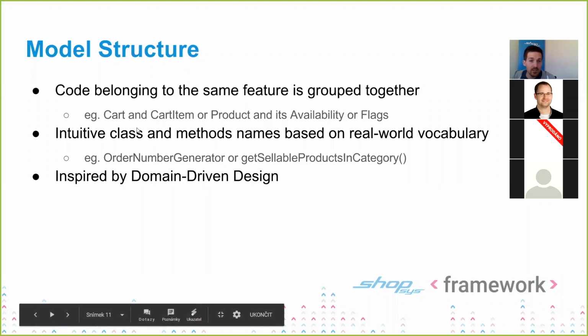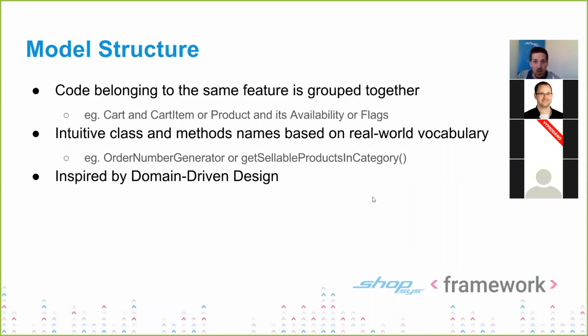What else you can notice is that we try to keep the classes and also the methods with intuitive naming that is based on real-world vocabulary. An example can be order number generator, which is a class that, like it says, takes care of generating numbers for new orders.